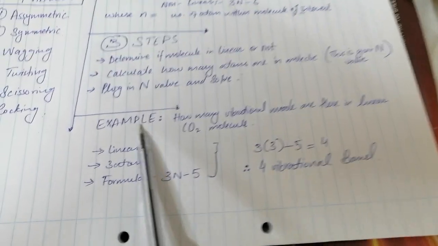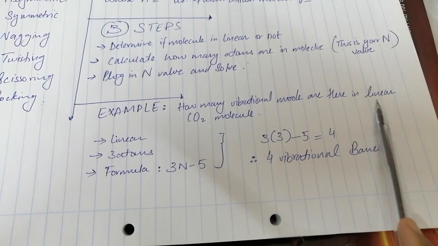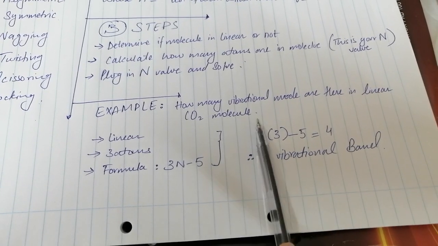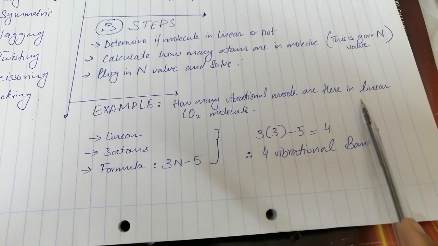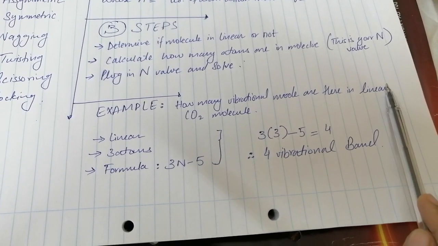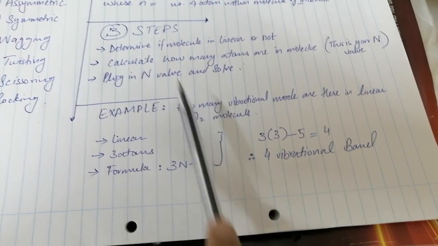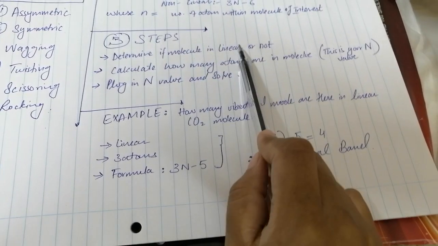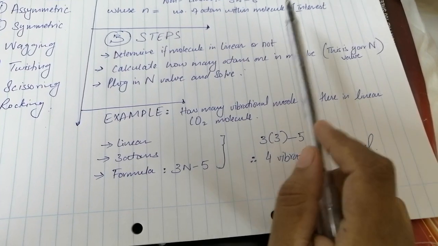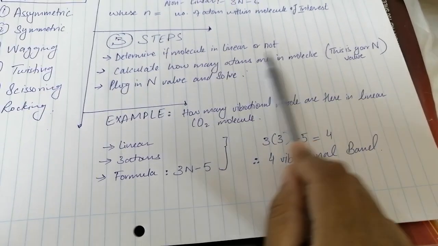For example, here is an example question: how many vibrational modes are there in the linear carbon dioxide molecule? The question is already saying that it is linear, so we know that it is a linear molecule, and step number 1 is already done. It's given in the question. Then step number 2 is to calculate the number of atoms in the molecule.